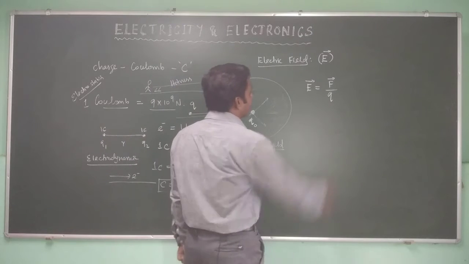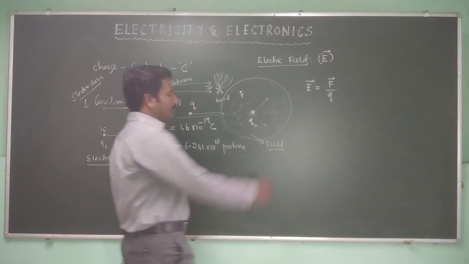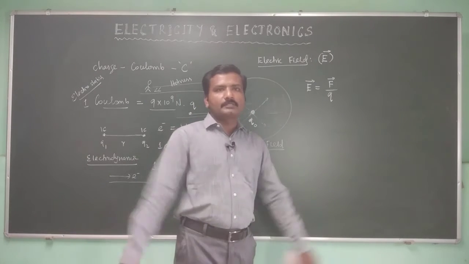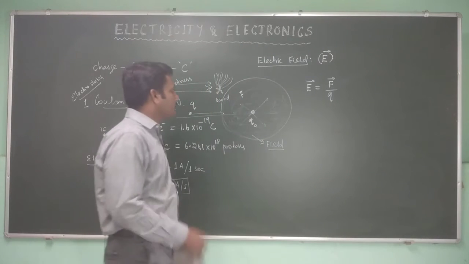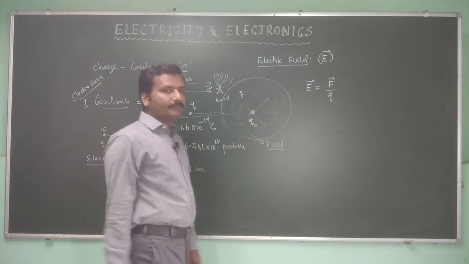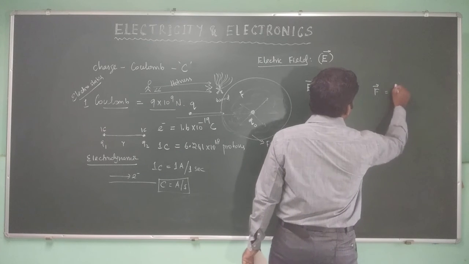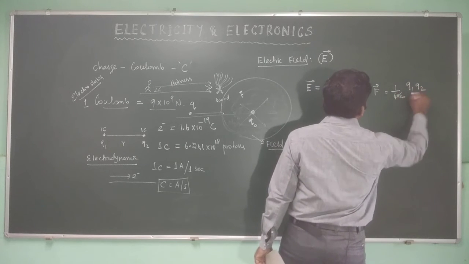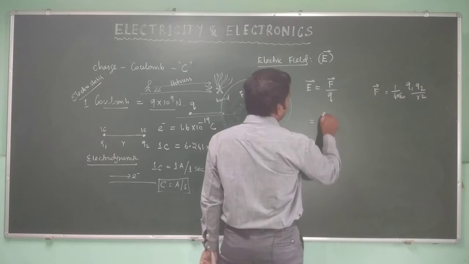Now, what is the formula for force? Previously, the force between two charges, or the force experienced by the charge, we have written using Coulomb's law, F vector, which is equal to 1 by 4 pi epsilon naught Q1 Q2 by R square. Apply here.